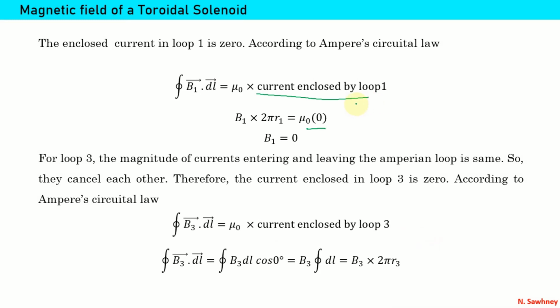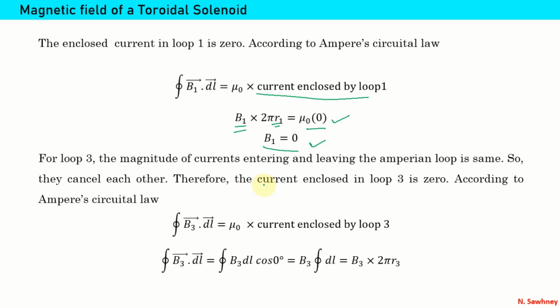And if the right hand side of Ampere's circuital law is 0, this r cannot be 0. So what we are left with is that the magnetic field will come out to be 0. So from this we have concluded that the magnetic field in the interior of the toroid is 0.